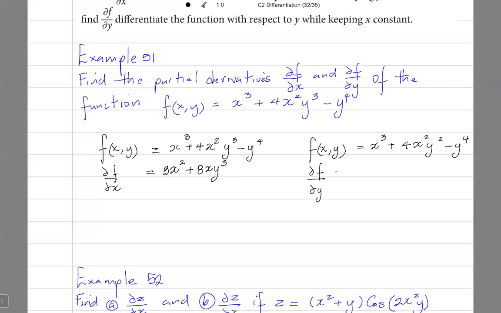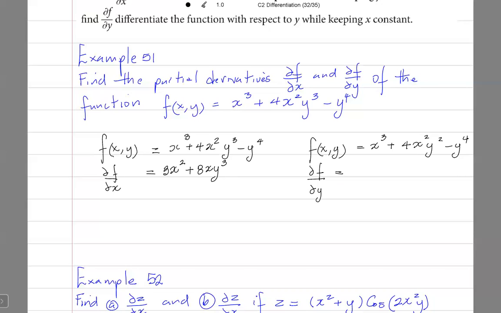If I differentiate a function partially with respect to y, whenever I see x in the function, I'm going to treat it as a constant.